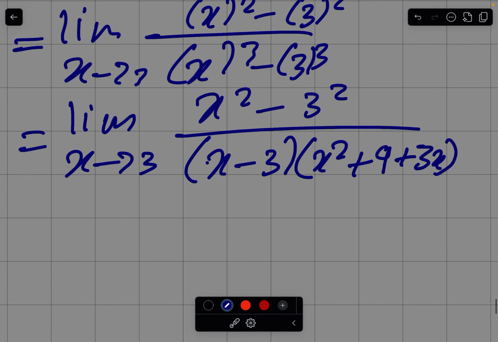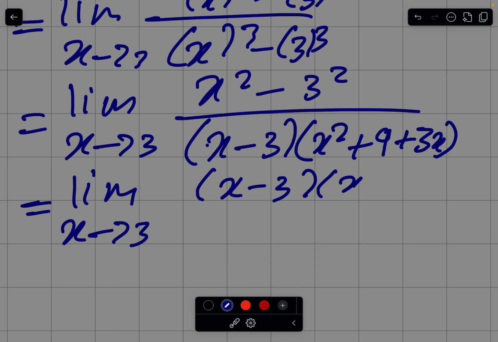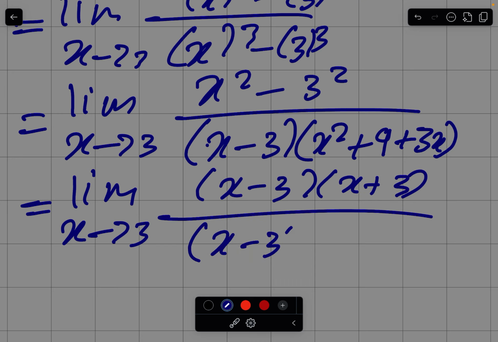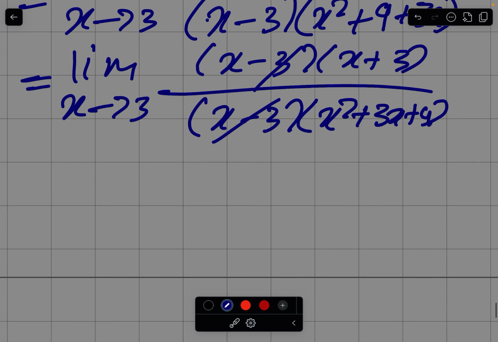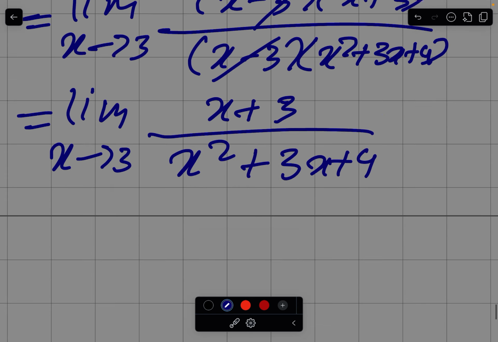Understand? That side we have difference between two squares. Simple maths. We have x minus 3, x plus 3. Therefore you have x minus 3, x squared plus 3x plus 9. This one cancels that one. Simple maths. The limit as x approaching 3 of x plus 3 divided by x squared plus 3x plus 9.